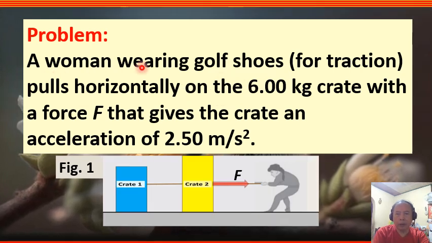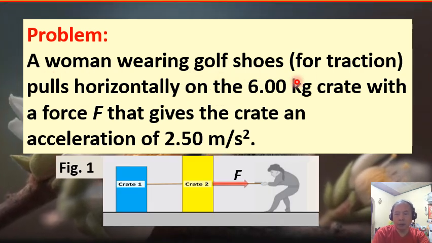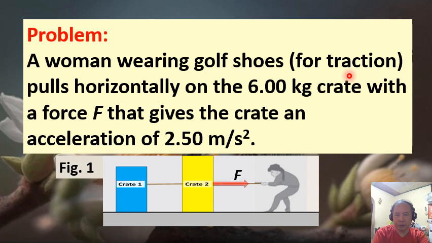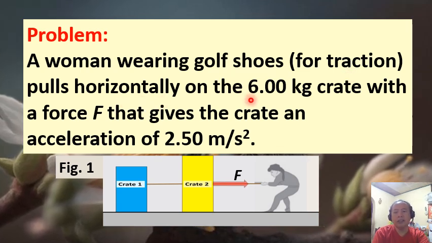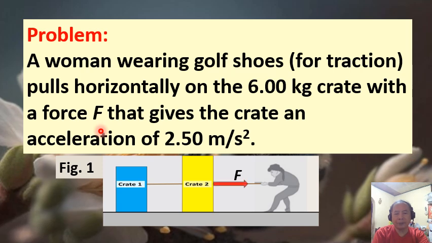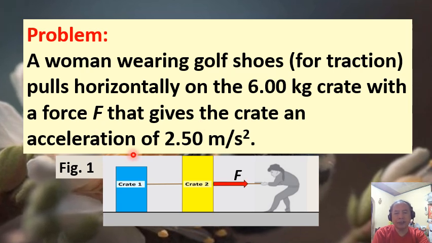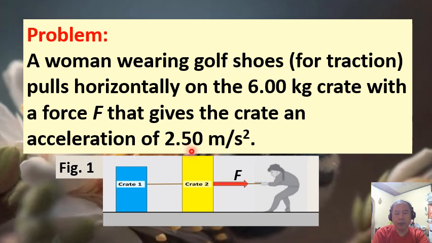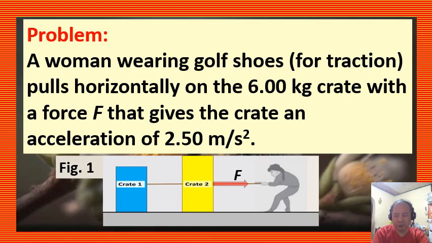A woman wearing golf shoes for traction pulls horizontally on the 6.00 kilogram crate with a force F that gives the crate an acceleration of 2.50 meters per second squared.